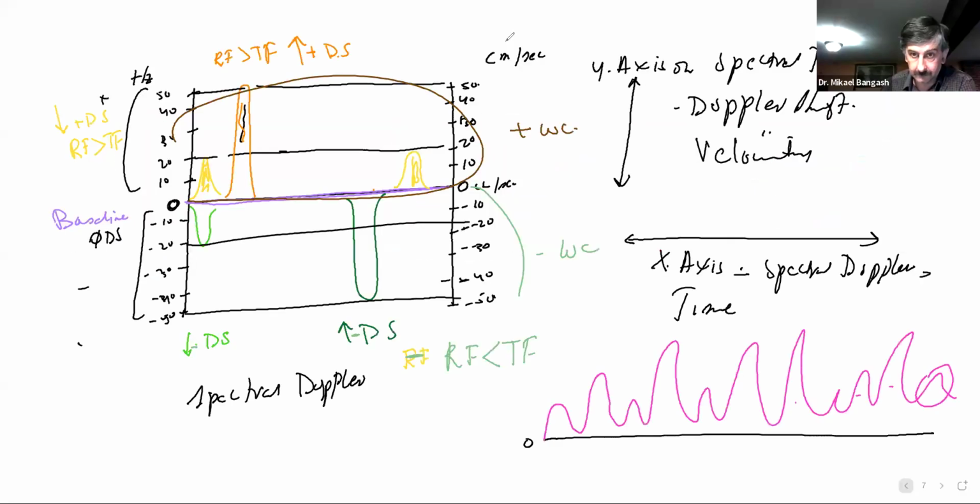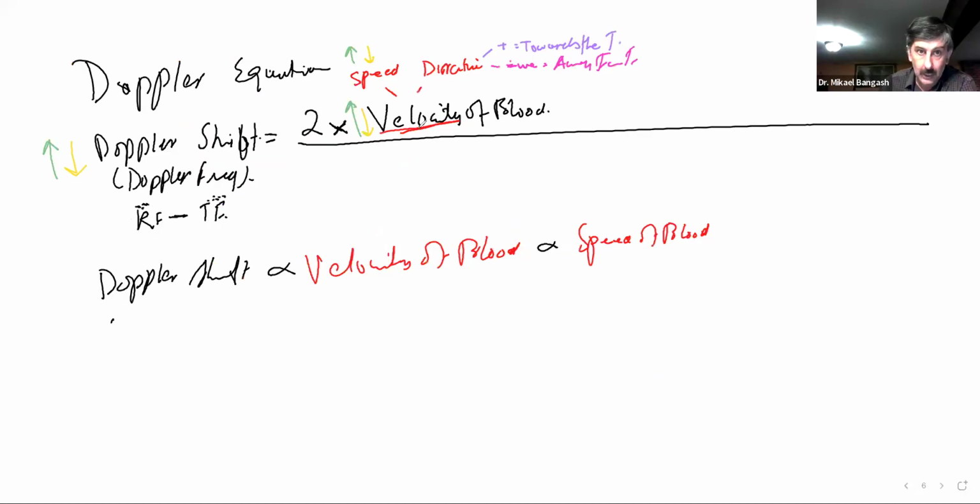So what was the next component? What was the next thing that we had in this equation here? That was going to be the transducer's frequency.